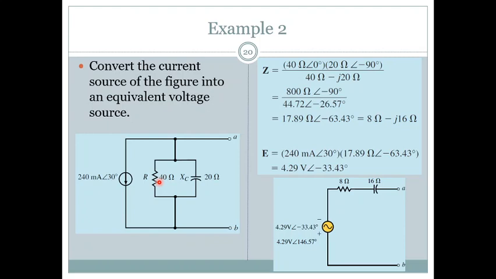Ultimately you can convert your result into either Cartesian or polar form, whichever is preferred. As I said earlier, reactances, impedances and admittances we prefer to keep in Cartesian form, and sources we prefer to keep in polar form.